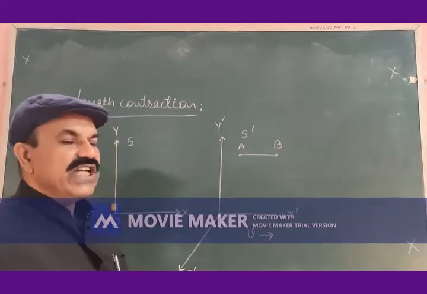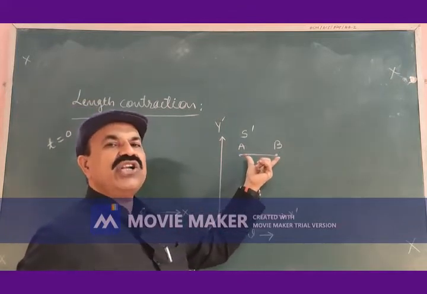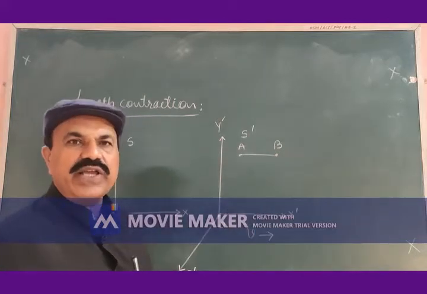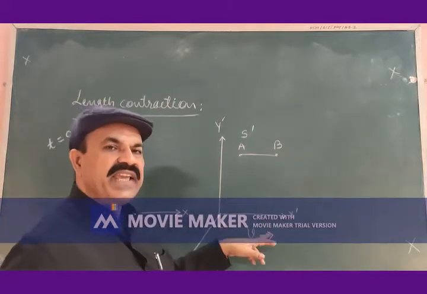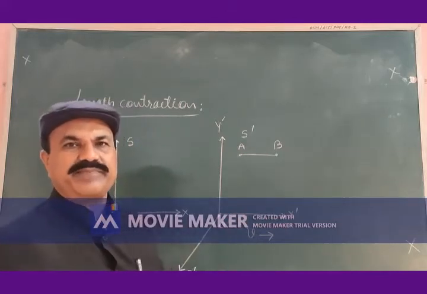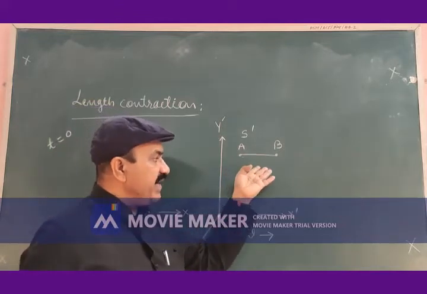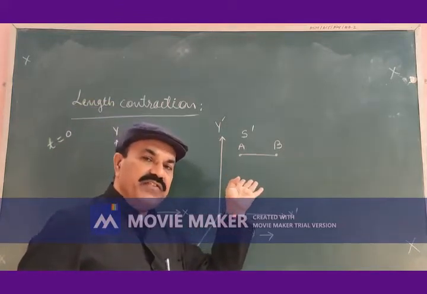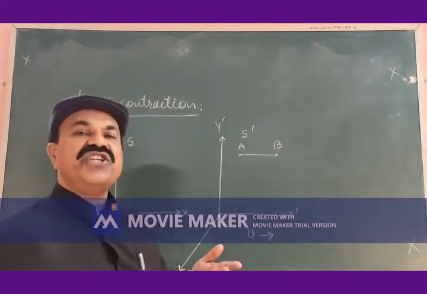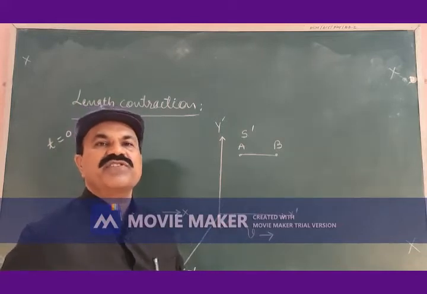Let me further assume that we have a rod AB lying in the frame of reference S prime. So, when the rod AB is lying in the frame of reference S prime, AB will be stationary inside frame of reference S prime.